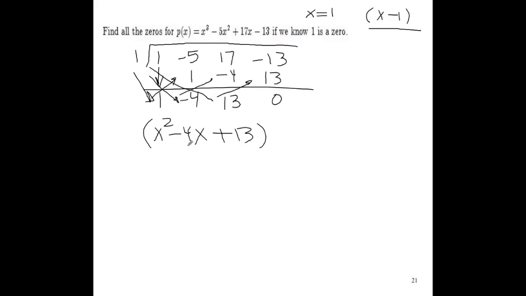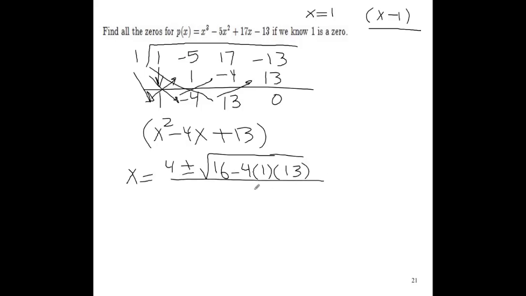Now, this doesn't look factorable, so I can use the quadratic formula. x would be equal to minus b, so it would be 4, plus and minus the square root of b squared, which is 16, minus 4 times a, which is 1, times c, which is 13, divided by 2a, which is 2 here.